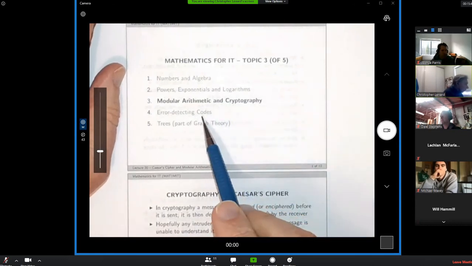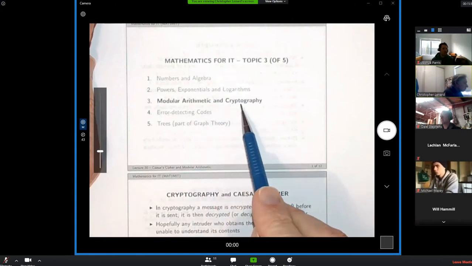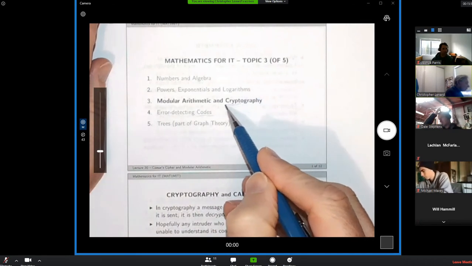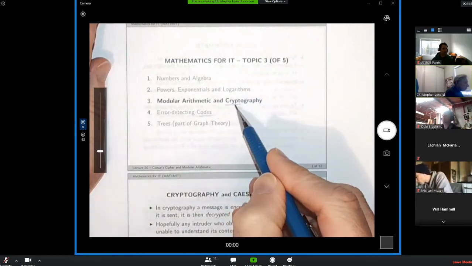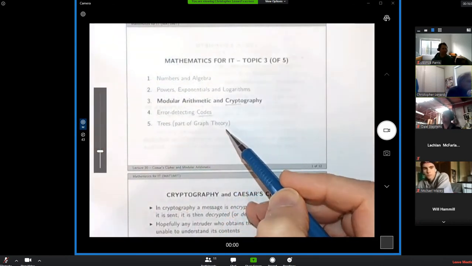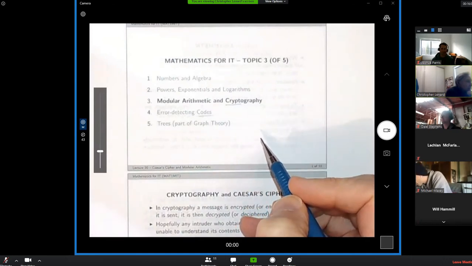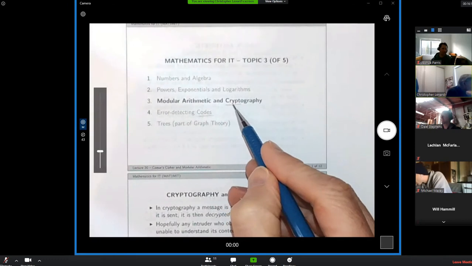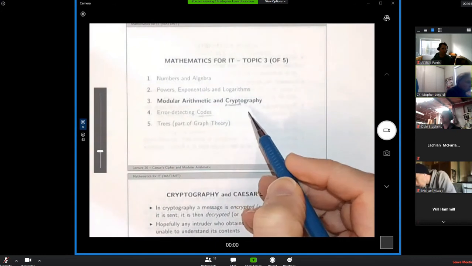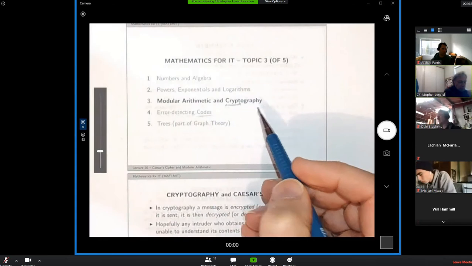Notice that in the next topic, we're going to do something called error detecting codes, and there's a difference between cryptography and codes. And I know in popular language, people think of cryptography and codes as being the same thing. In fact, they're quite different from a computer science and mathematics standpoint. So when we talk about crypt, this C-R-Y-P-T comes from a Latin root meaning hidden.